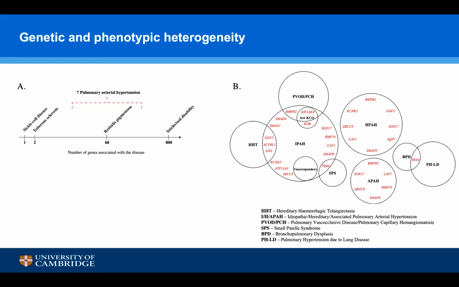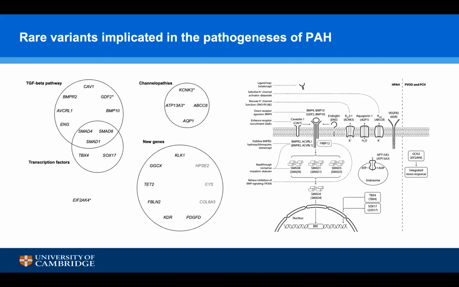So, for example, patients with mutations in SMAD9, ALK1, or endoglin may present with PAH, but can also present with a vascular anomaly syndrome such as HHT. Similarly, patients with mutations in TBX4 can present with IPAH with or without small patella syndrome.